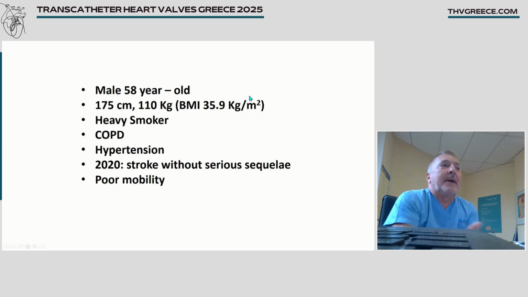Our case is about a young male, 58 years old, obese, as you can see, who was a heavy smoker in the past with COPD, a hypertensive patient who experienced stroke in the year 2020, but without any important sequels. He had poor mobility due to orthopedic problems.